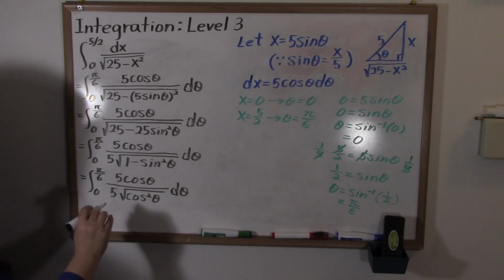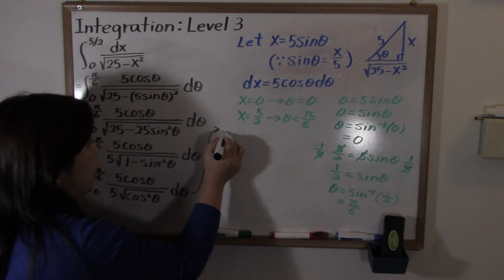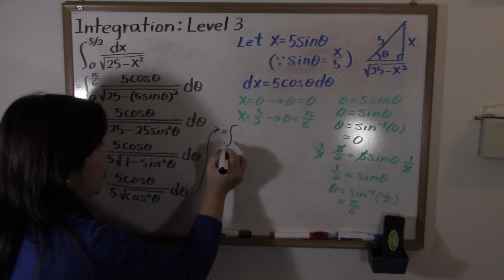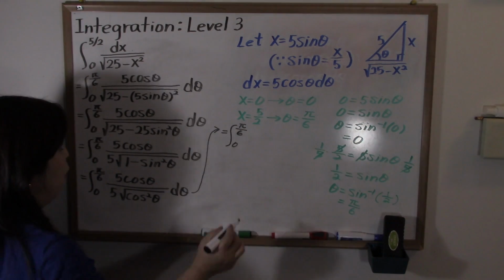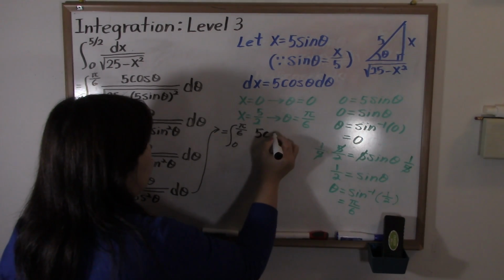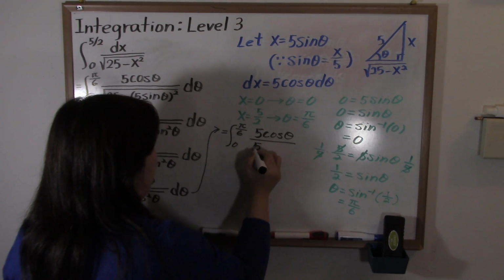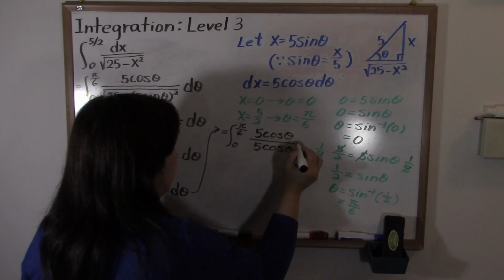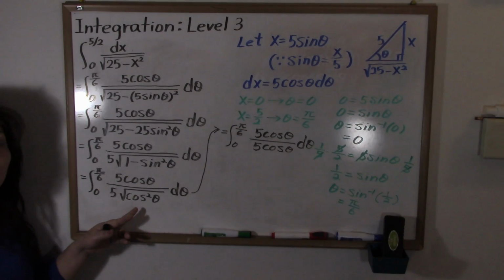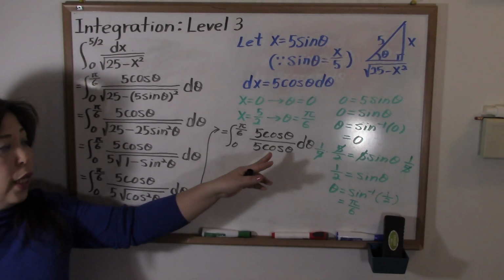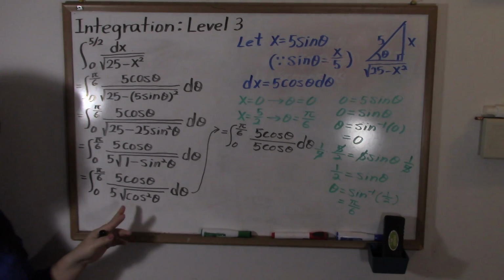So now we're going to take away the square root. It is equal to the integral from 0 to pi over 6 of 5 cosine theta over 5 cosine theta d theta, because the square root of cosine squared theta is cosine theta.